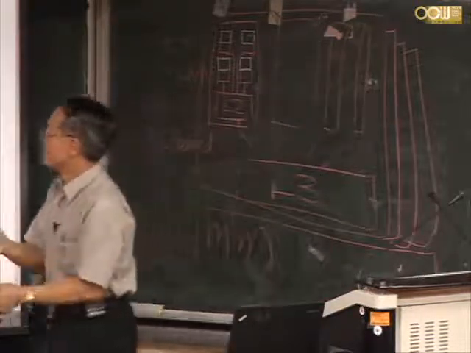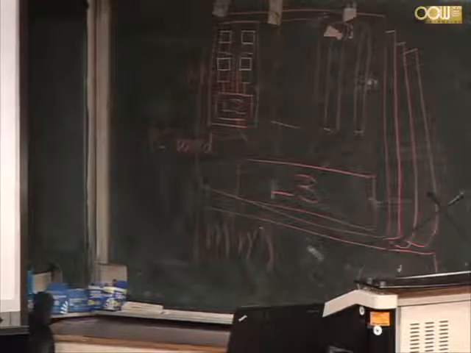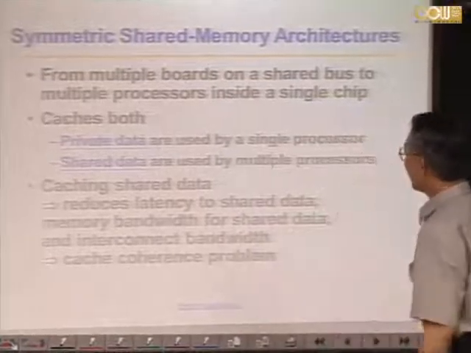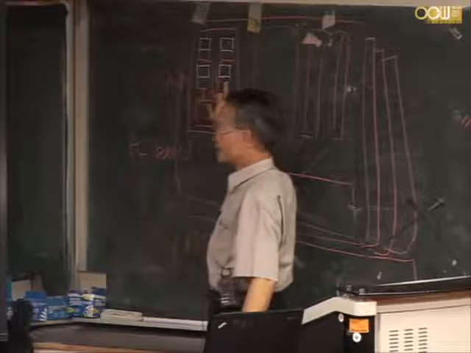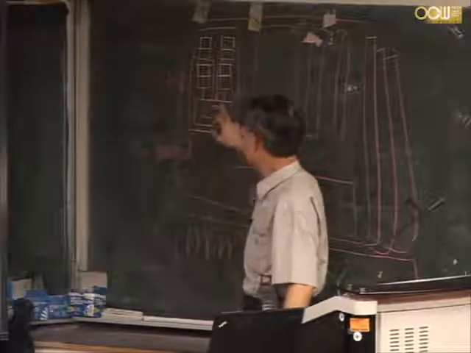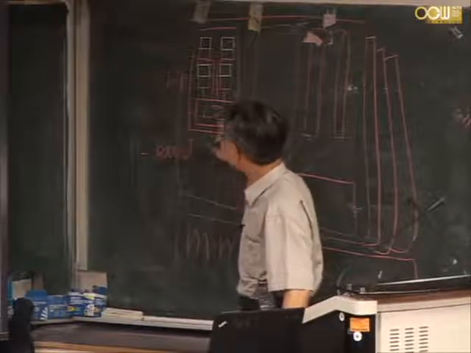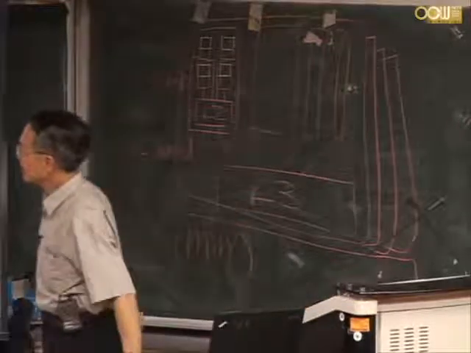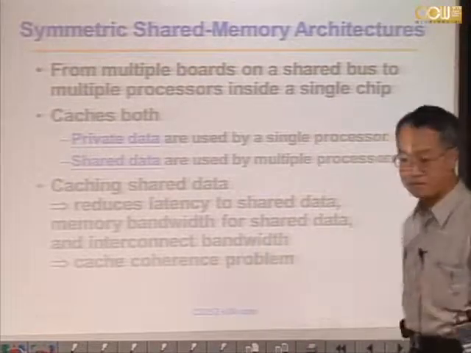Okay, very complicated design. So you know what I mean by private data and shared data. Private data are better cached in here. Shared data are primarily cached in here or even in here, and sometimes propagate up to here, here, here, here. Okay? And caching shared data will cause some problem.